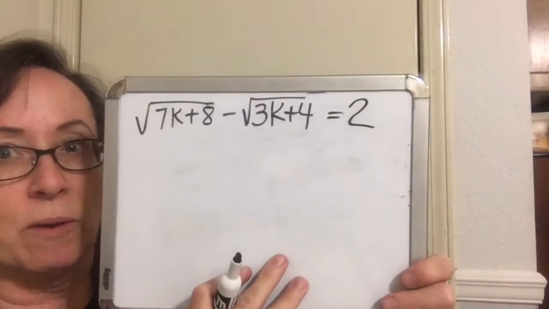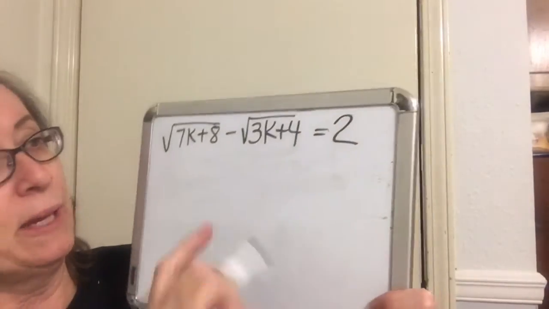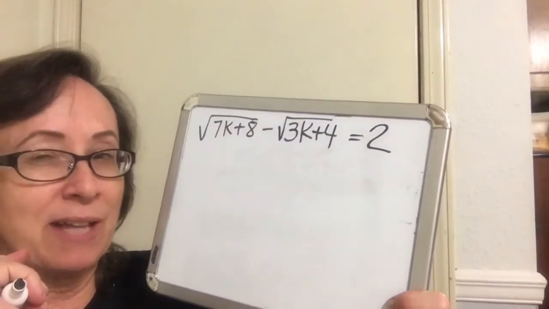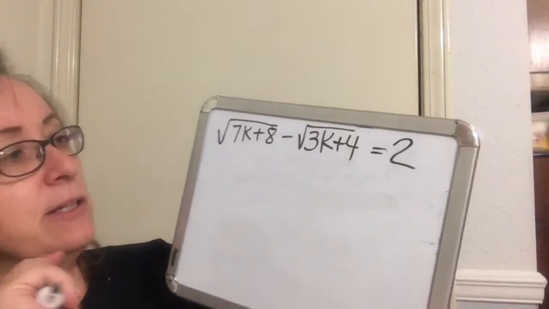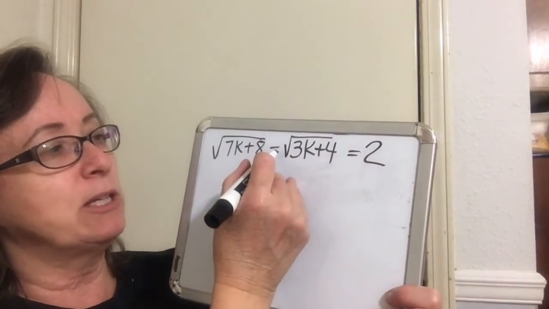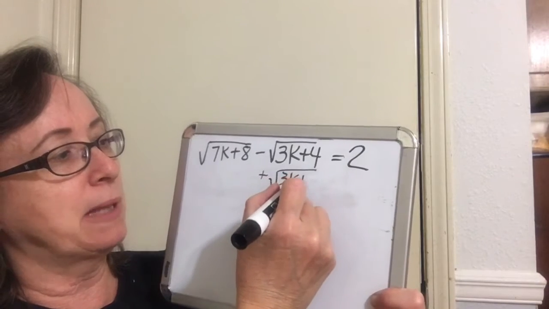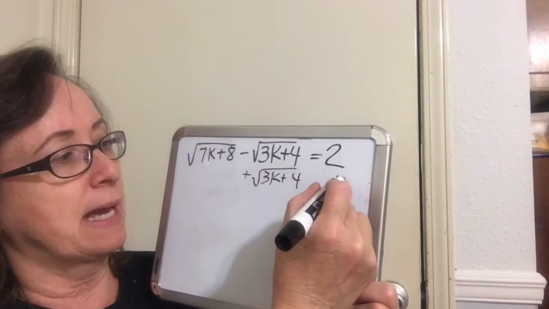All right, so now we're going to do the next one. And again, this one will have to be squared twice, because we have 2 radicals that we're going to have to isolate one at a time. So to get this one isolated by itself, I'm going to add the square root of 3k plus 4 to both sides.